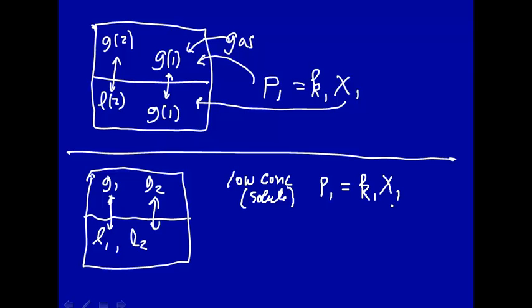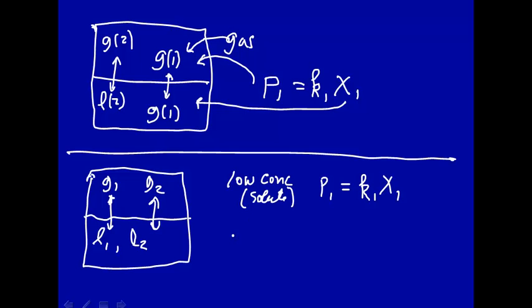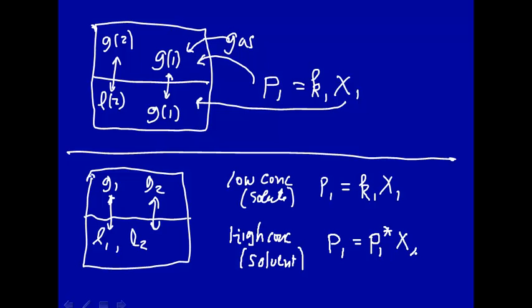Now let's look at high concentration of chloroform. Now we're in the solvent regime. You find that the data always approaches Raoult's law at high concentration. So up here, we'll have Raoult's law holding. At high concentration, where we're considering the component to be the solvent, the vapor pressure above the solution is proportional, by Raoult's law, with the proportionality constant being the vapor pressure of the pure solvent, or pure component, times the mole fraction of the component.